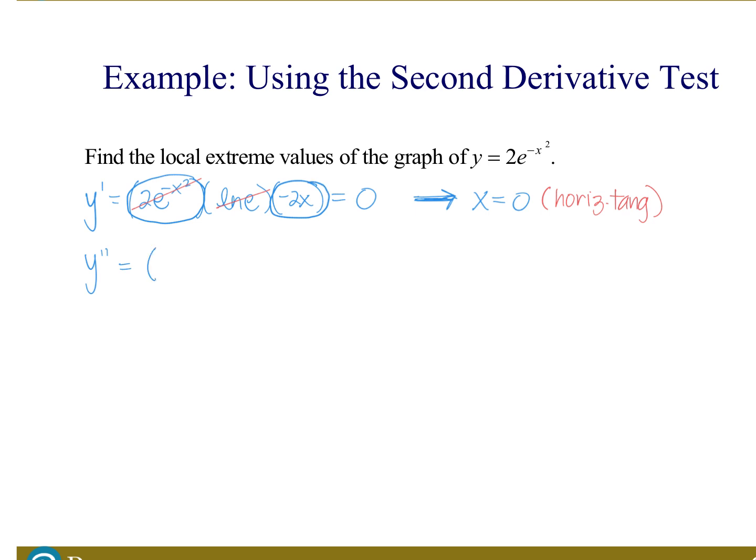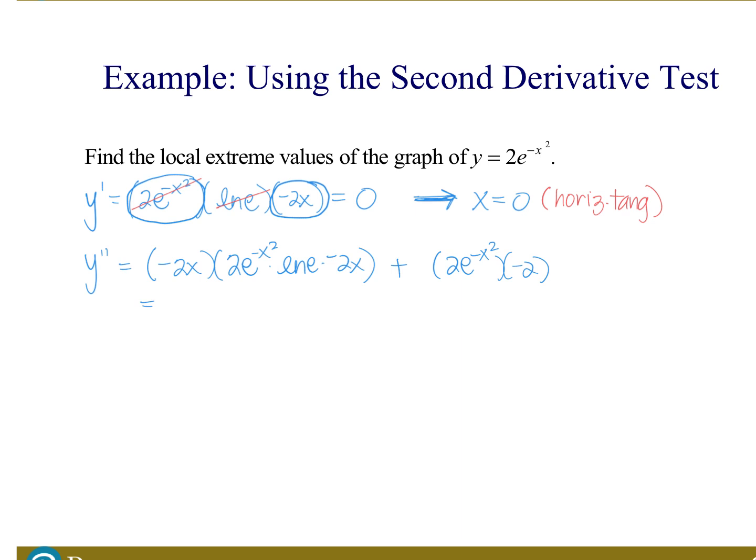So we'll use our product rule. Negative 2x times 2e to the negative x squared times ln e times negative 2x plus the second part of the product rule. So 2e to the negative x squared times negative 2. So we can clean this up significantly.